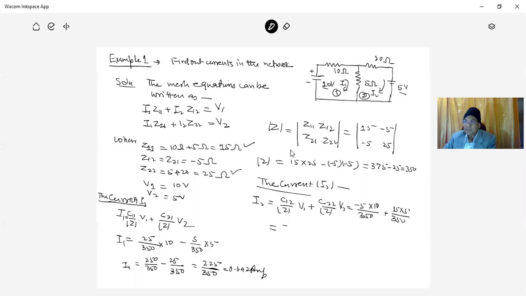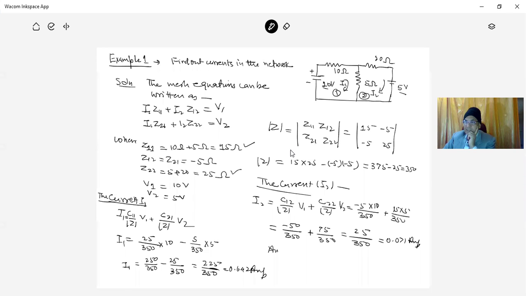So the value is minus 50 upon 350 plus 75 by 350. So this value is 25 by 350, which is 0.071 ampere.